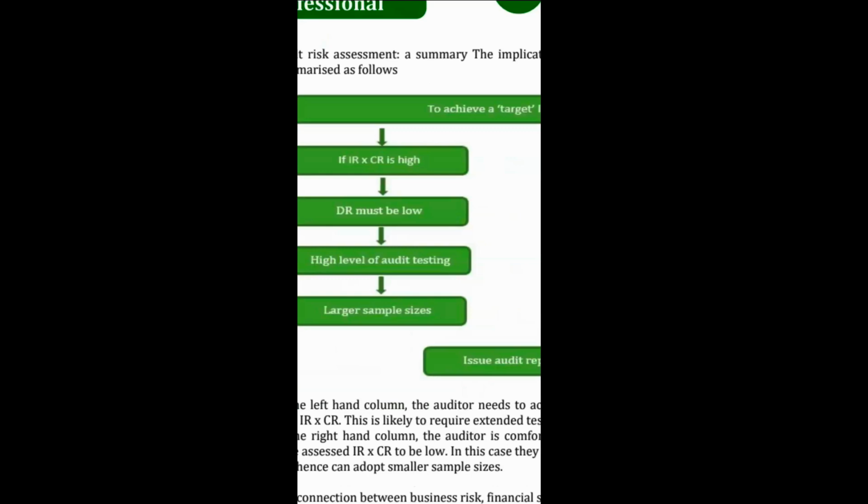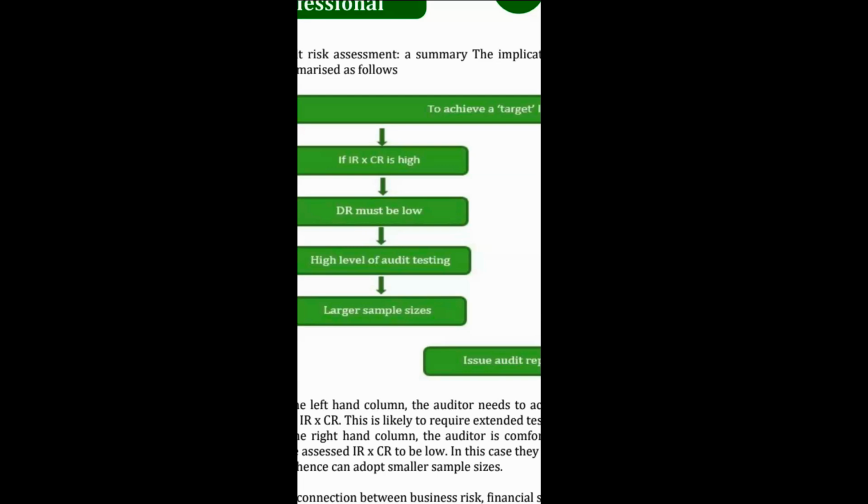So when it is low, it means that the auditor does not understand how the business operates. And because it is low, for him to gain understanding, he needs to carry out more tests to understand how things are supposed to be done.